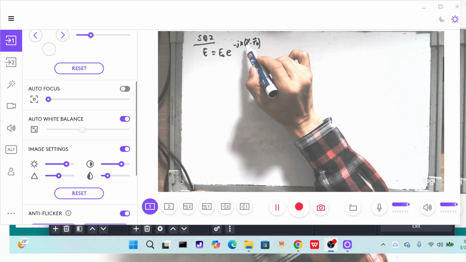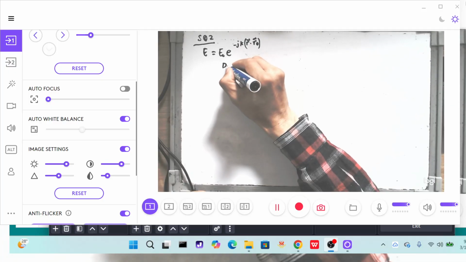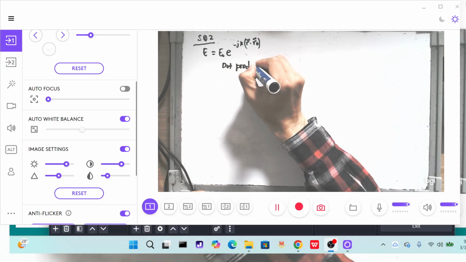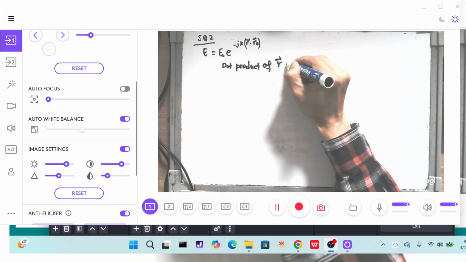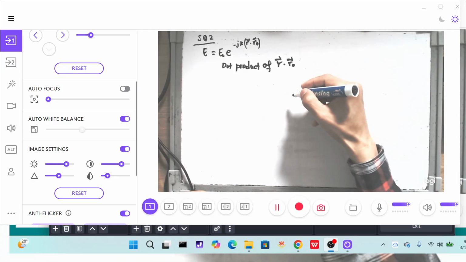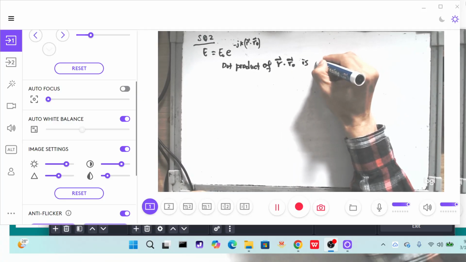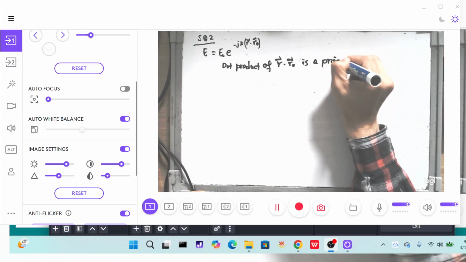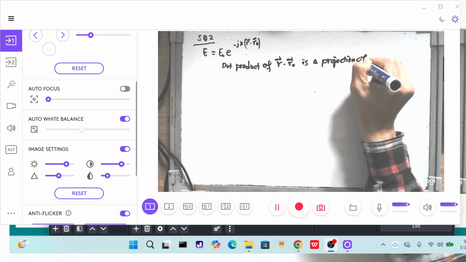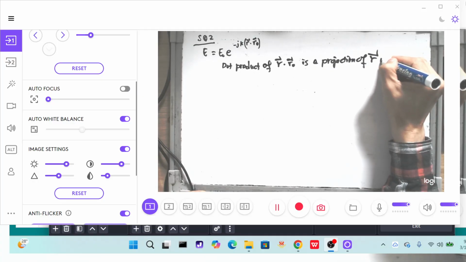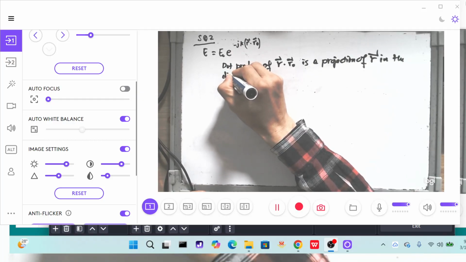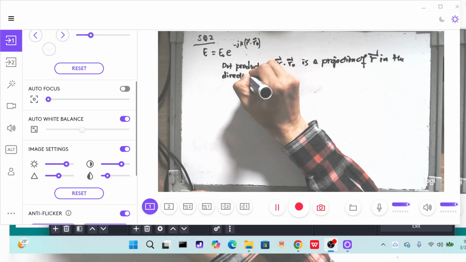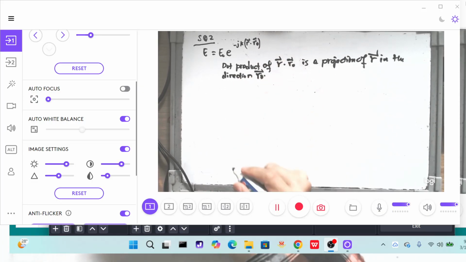Dot product is a projection of, in this case, R in the direction of R naught. So this is something we want to know.